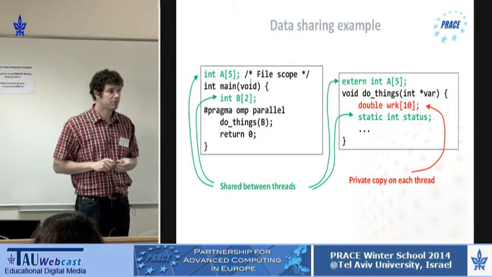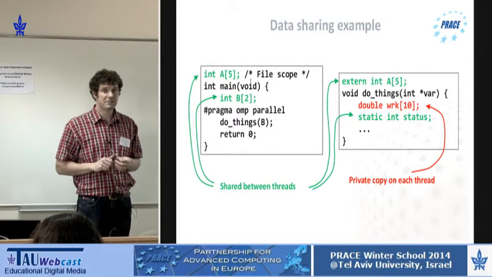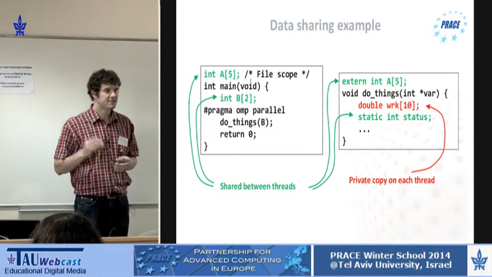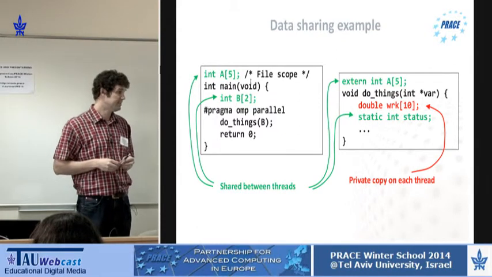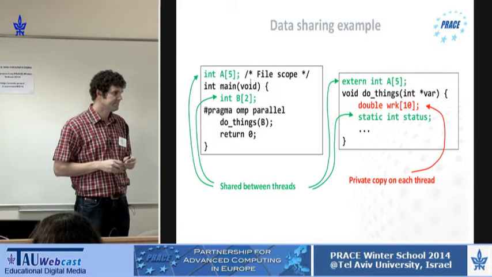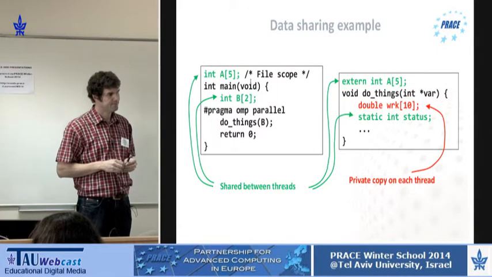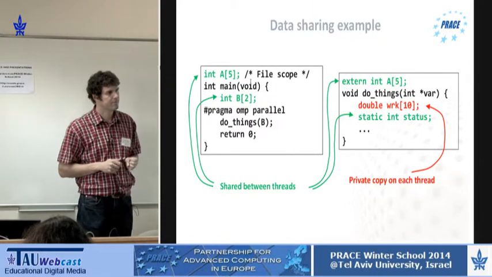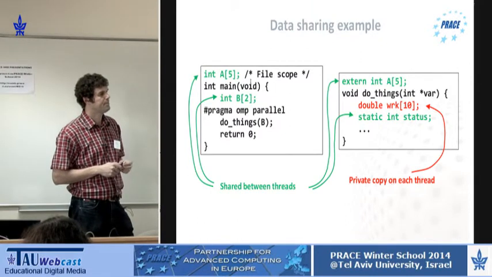Any questions about creating the parallel regions and data visibility at this point? Yes? Regarding the extern, you can use threadprivate to define a variable or a memory region that is private to each thread.